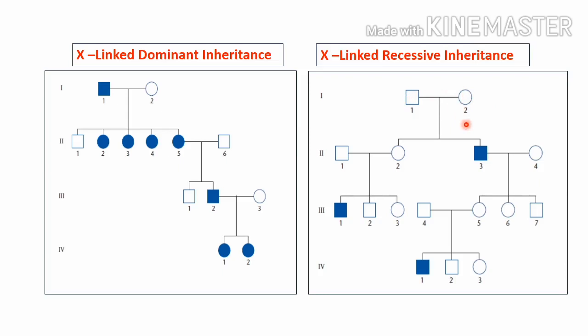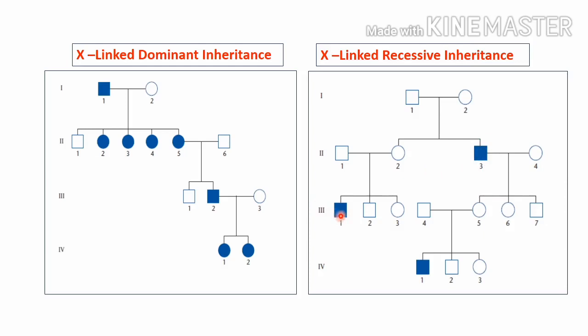She transfers this allele to her children. Here the father is normal, and they produce one daughter, who is normal, but the son is affected. So this mother has donated her defective X chromosome to her son, and that's why this son is hemizygous and has only one X chromosome, with a mutated allele. It means this son will be affected.